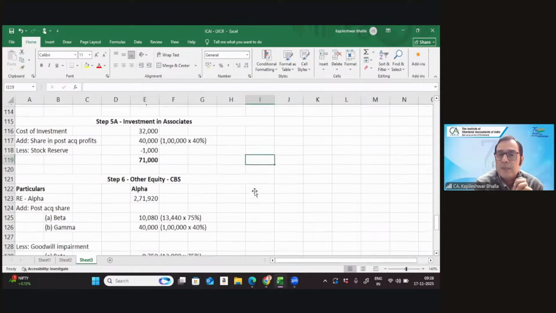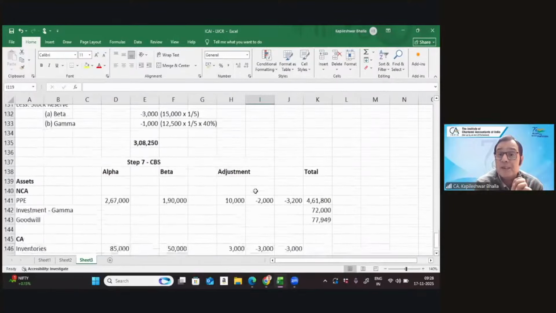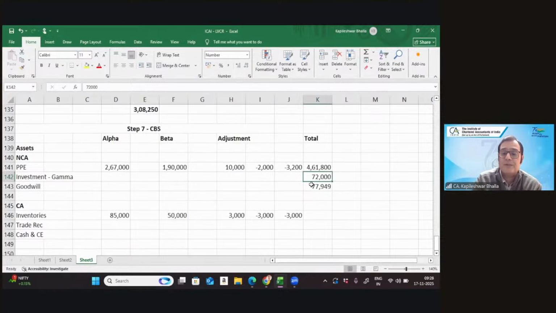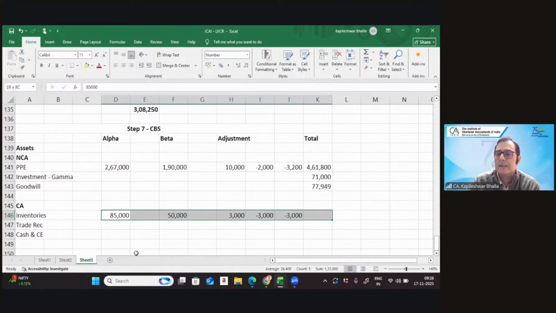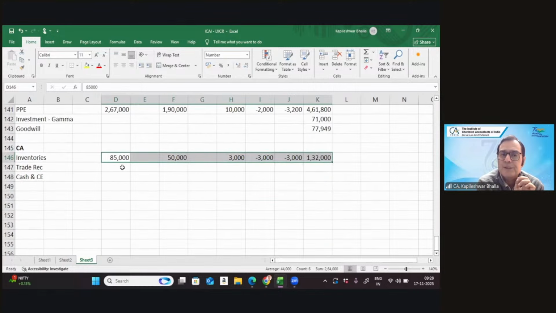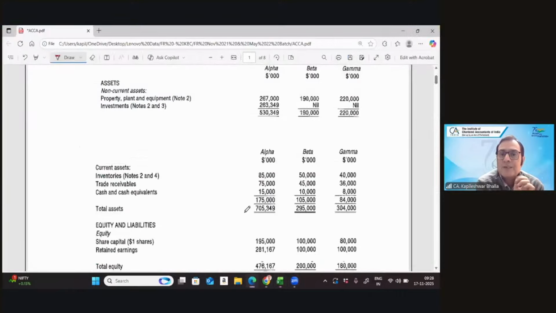So that will change the value of the investments out here because you need to take a double impact. So this is going to be 71. Okay, so this is done. I think the inventories are taken care of. So this is the inventory, 132. Now let's go to the trade receivable. That's 75 and 45.